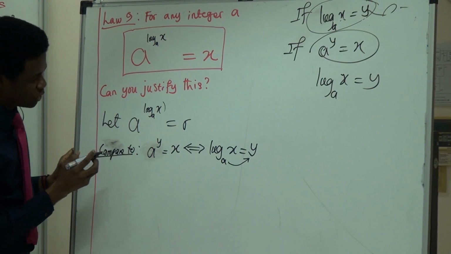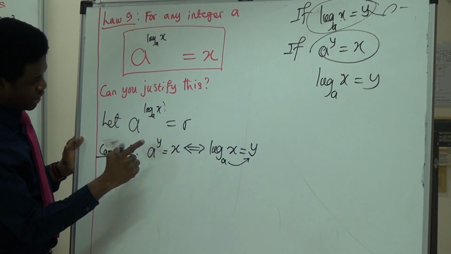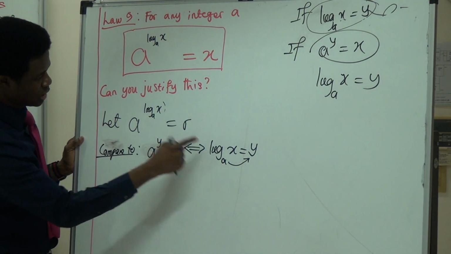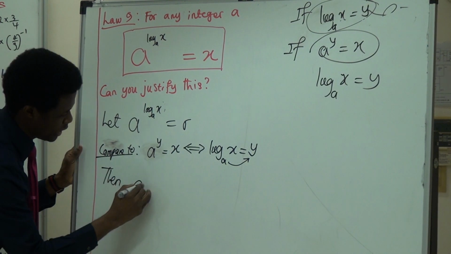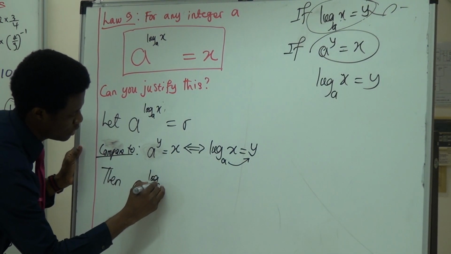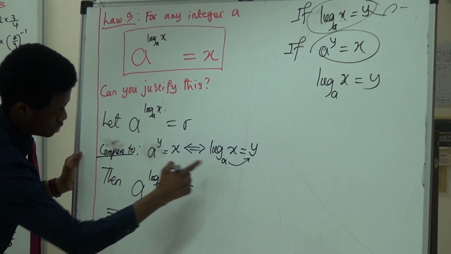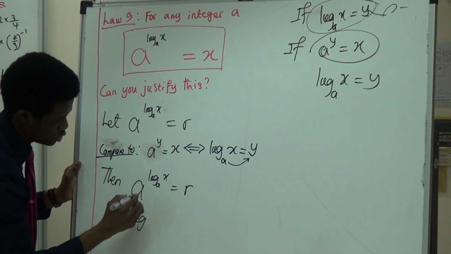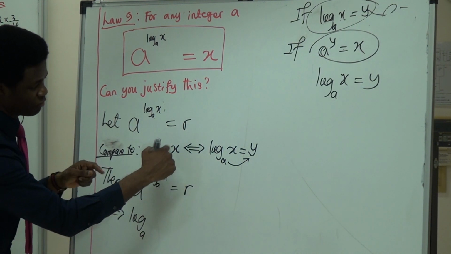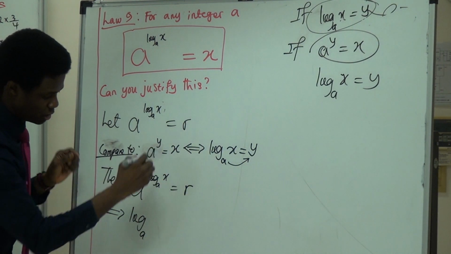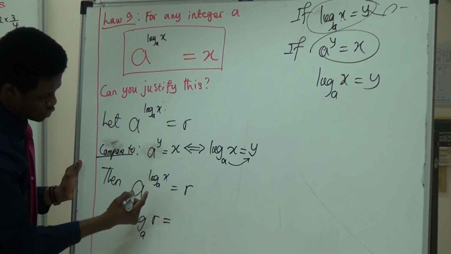Alright, if you compare to this, what do you notice? This is your y, isn't it? So if I write, since this can give me this, then a to the power log base a of x equals r becomes what? Log to base a of x, where x is whatever you have on the other side, which is r, is equal to y.